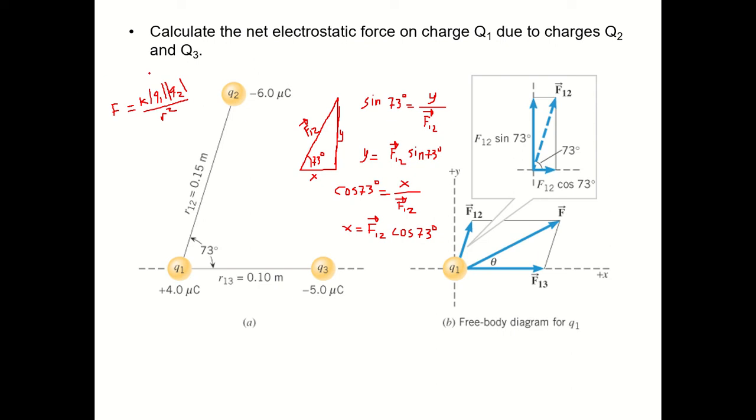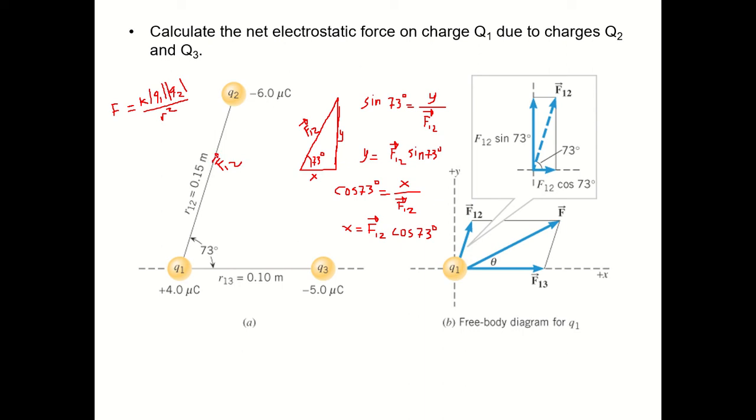So use this formula to find this F12. Our F12 can be solved using the formula.